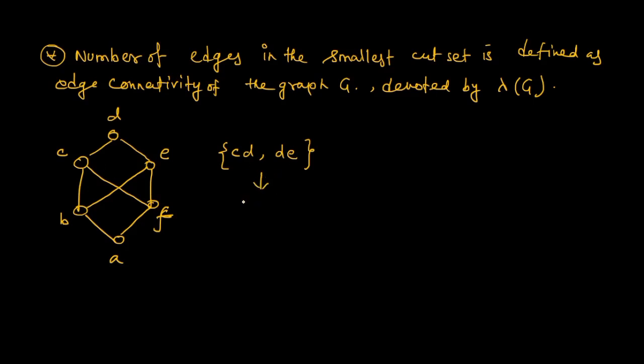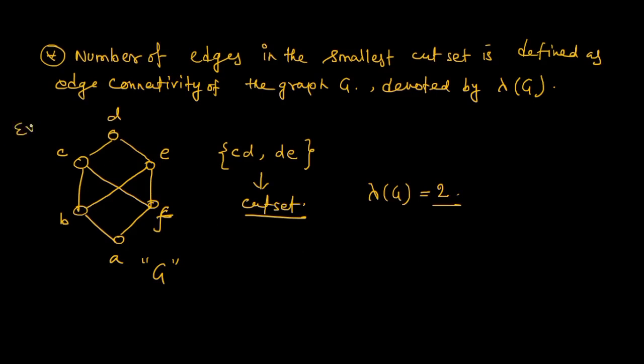So this is a cut set, and you can observe from this entire graph that this is the smallest cut set you have. So if you denote this graph by capital G, then lambda of G in this case should be 2. Clear?